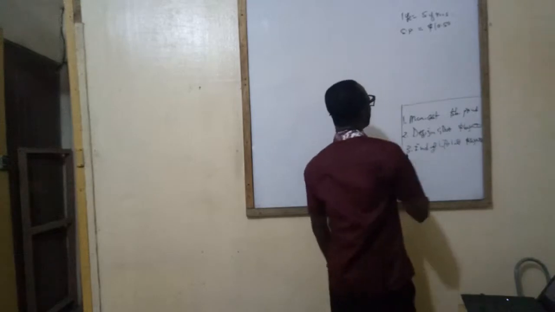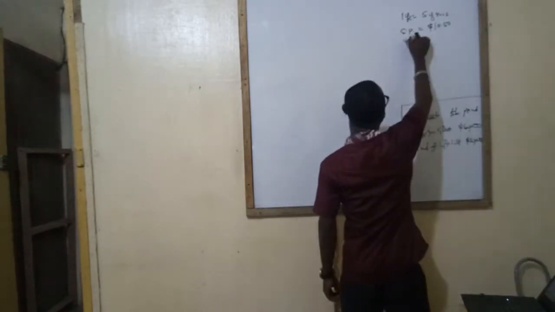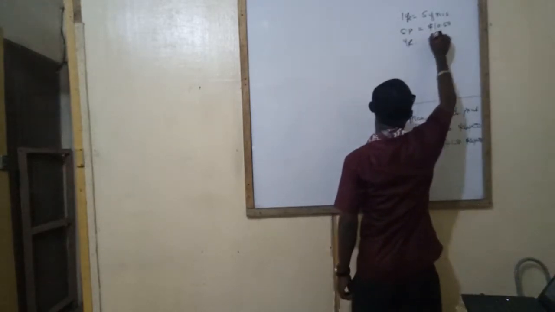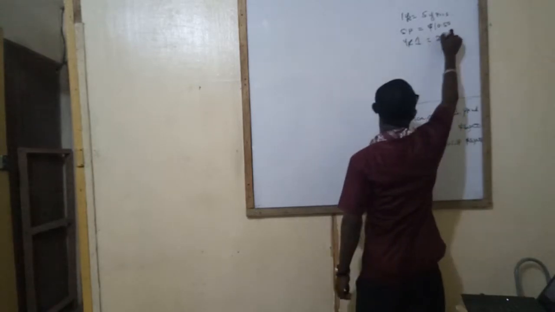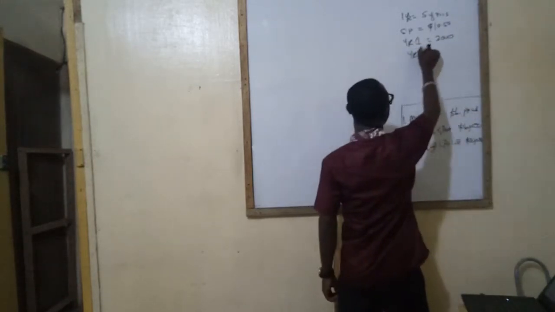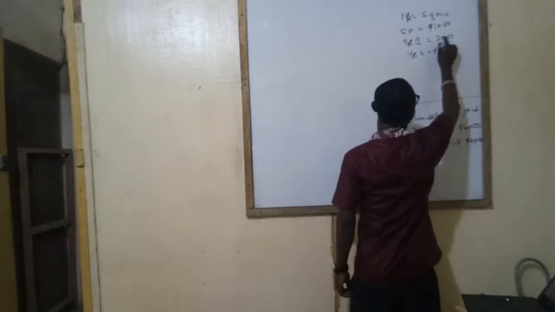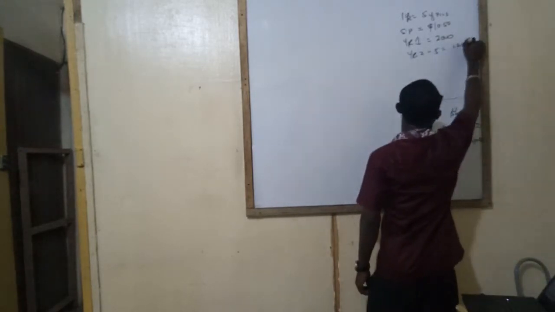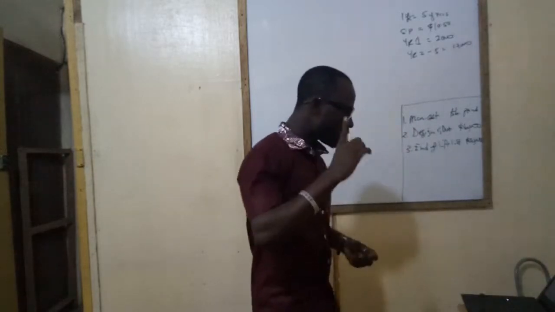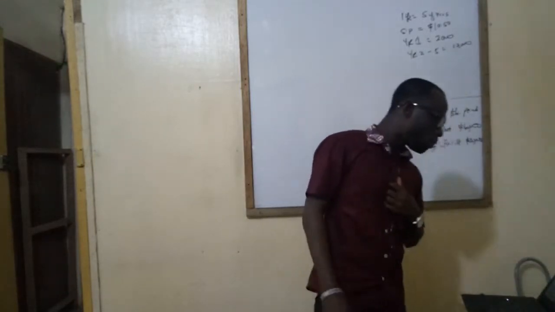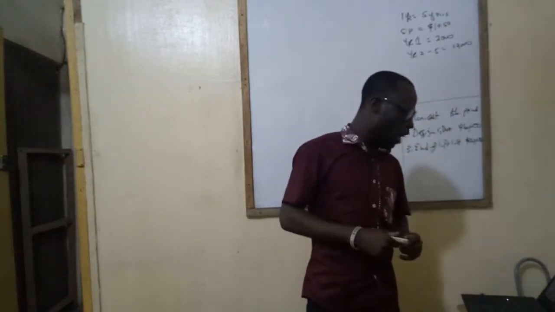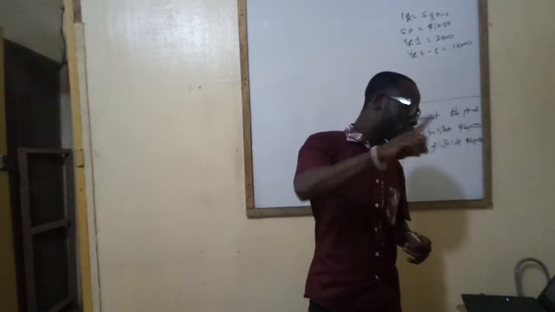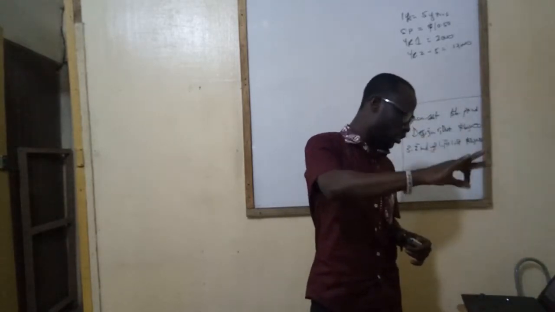Then we are told also that in year 1, the company is going to sell how many units? 2,000 units, and then from year 2 to 5, they will sell how many? 12,000 units. Now, we are told that the company wishes to achieve a markup of what? 50% on cost. This is something you need to understand.